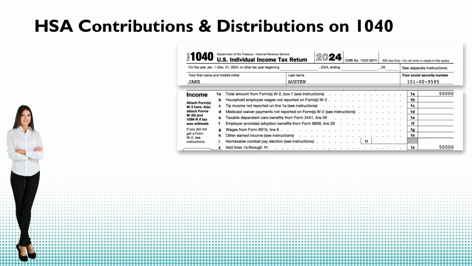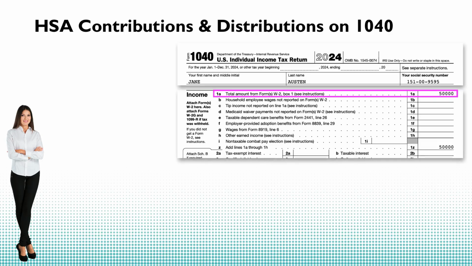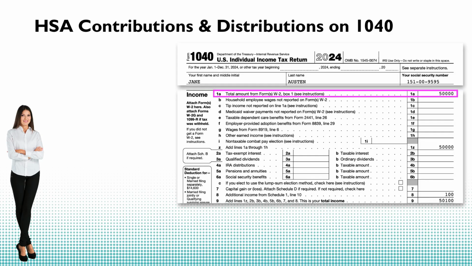Let's review the entire 1040 for her. On page 1, Jane's wages are $50,000. That's her $51,000 salary minus the $1,000 employer HSA contribution that was pre-tax and excluded. Adding in the $100 of extra income from her non-qualified HSA withdrawal brings her total income to $50,100.